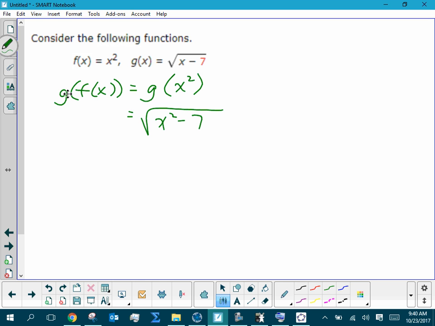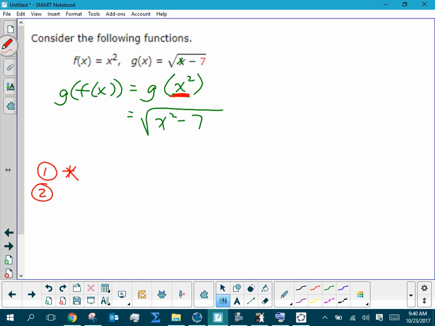Okay, so I took that x squared and I came up here, and where I saw my input value of x, or my variable, I just replaced it with the new input of x squared. So that is my new function. Now this one's maybe a little stranger to deal with, but let's think about the domain restrictions. Okay, were there any domain restrictions on the first input? None there. Okay, so we're fine.